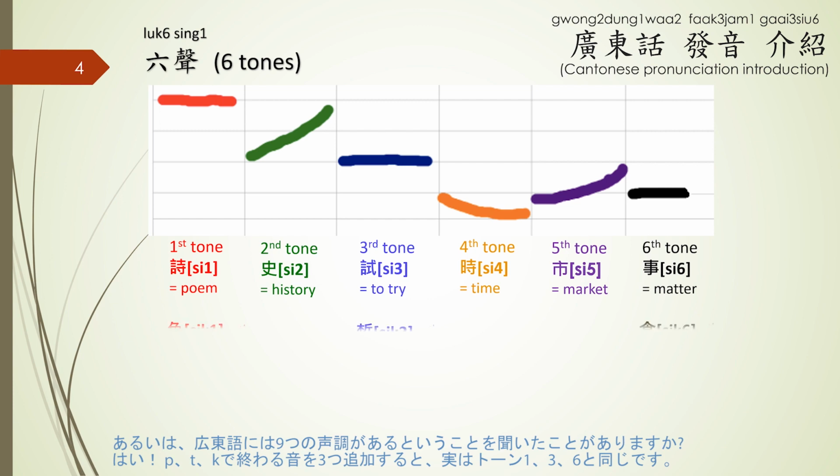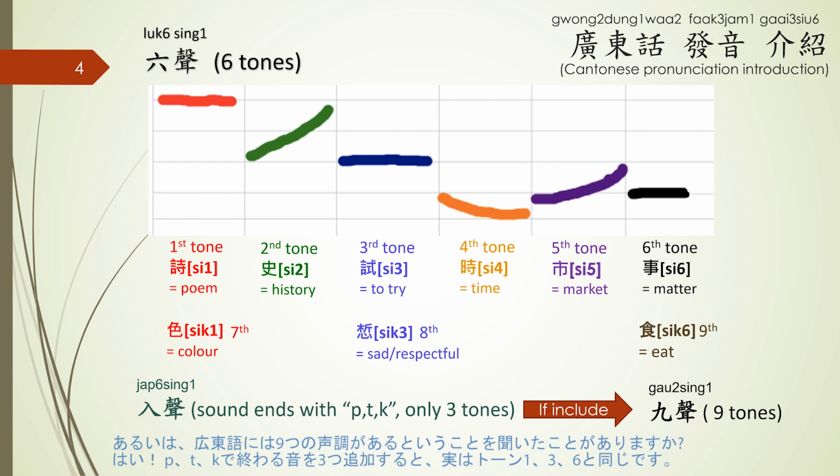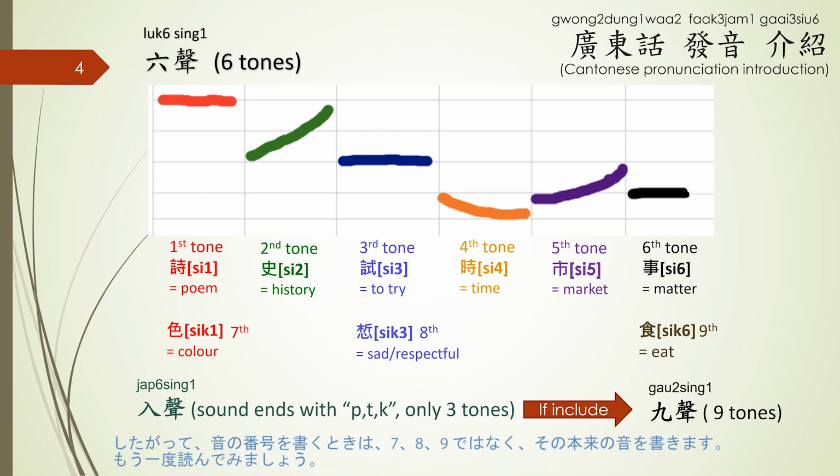Yes, if you add 3 sounds ending in P, T, K, in fact, the tones are the same as 1, 3, 6. Therefore, when I write the number of tones, I don't write 7, 8, 9, but the original tone.